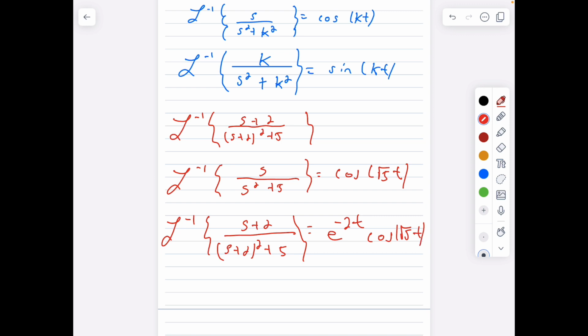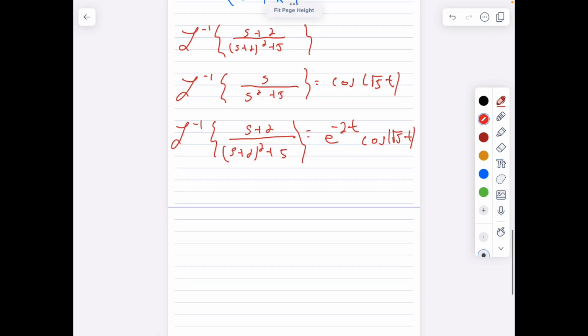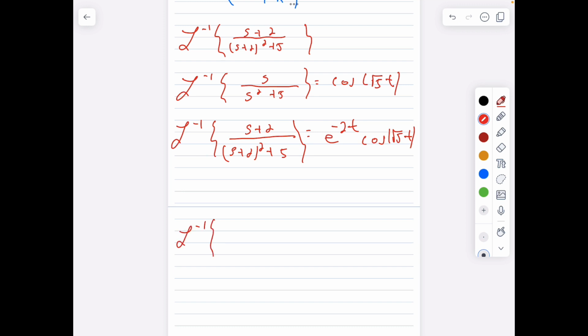So if you see the shift that's been done to the transformation, you're going to take the function that was transformed, the cosine root 5t, and just multiply by e to the minus 2t.